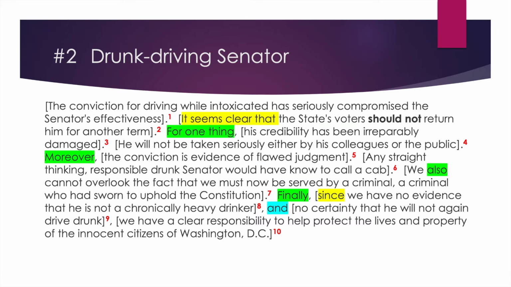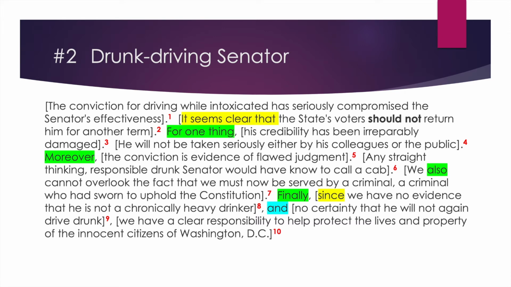But then that's followed by the word finally, which indicates to us here comes the last of the several lines of argument. Okay, so finally, and then the word since, and remember, since tells us here comes a reason or evidence, right? So we have this last line of argument, and we begin with the presentation of evidence.